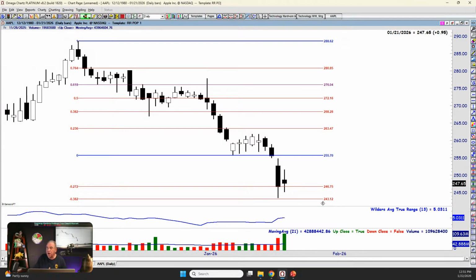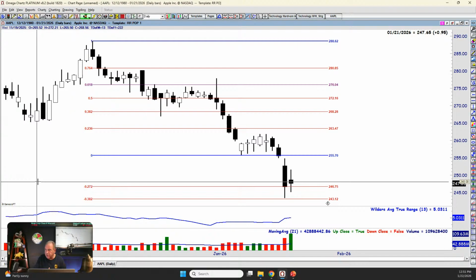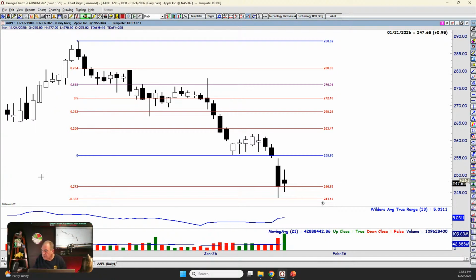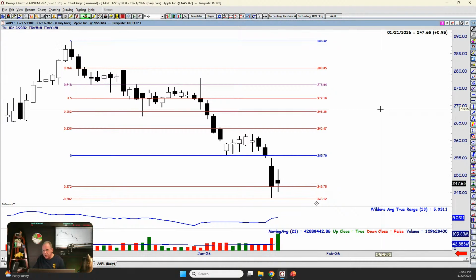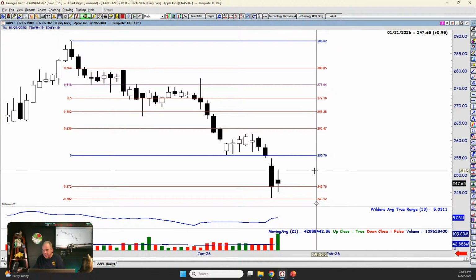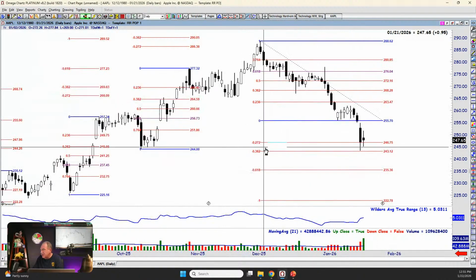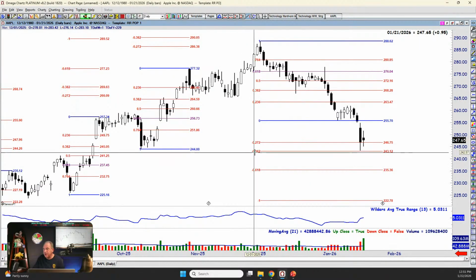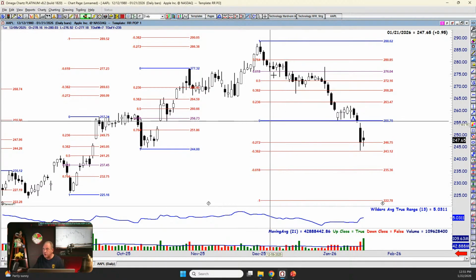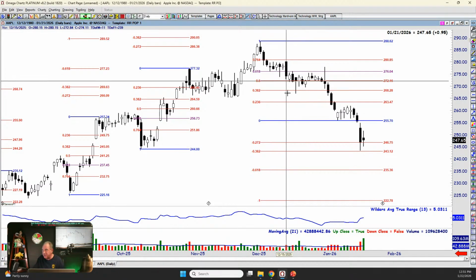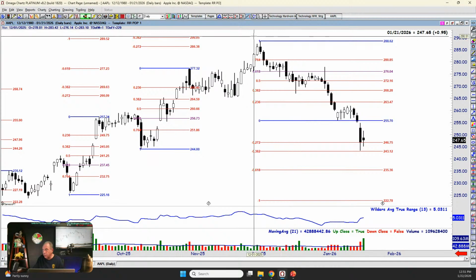I also automatically draw extensions in here. And those extensions work their way down, and in this case, I get a negative 272, a negative 382, a negative 618, and a negative 1. So basically, I've extended or doubled whatever the distance is of my fib from here to here, from 1 to 0.